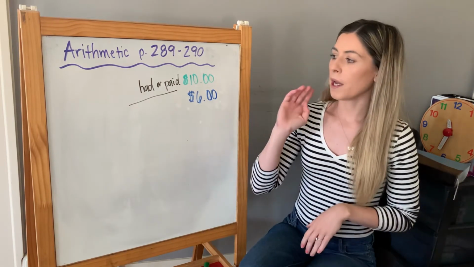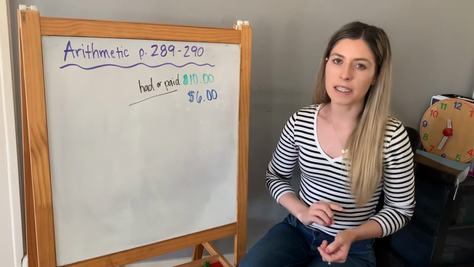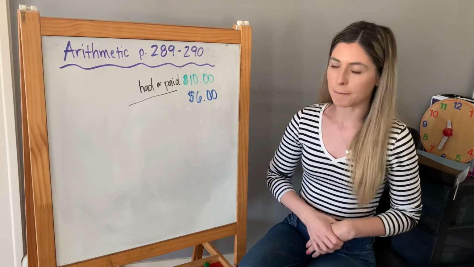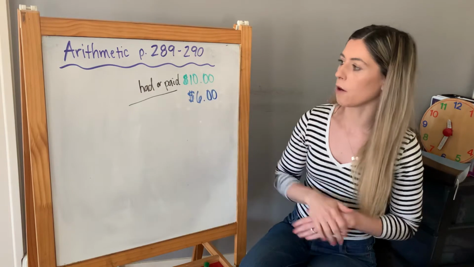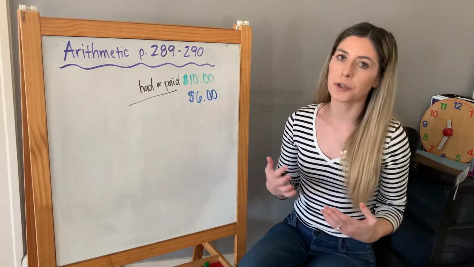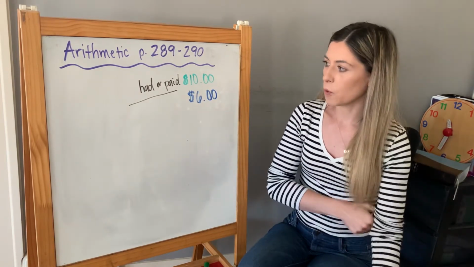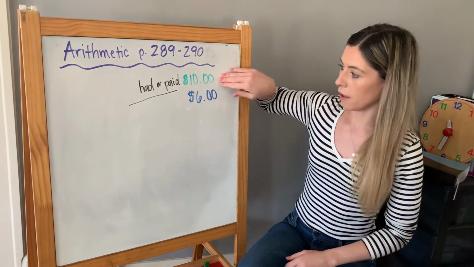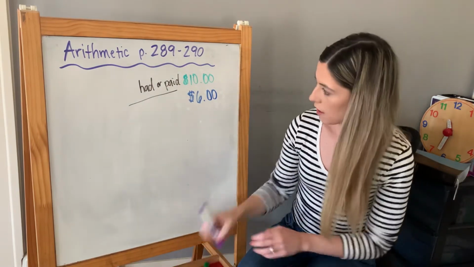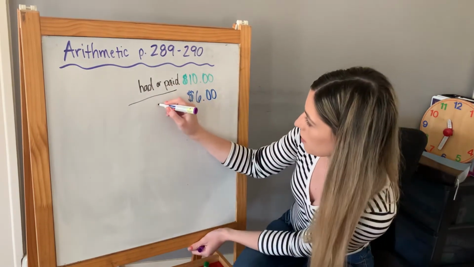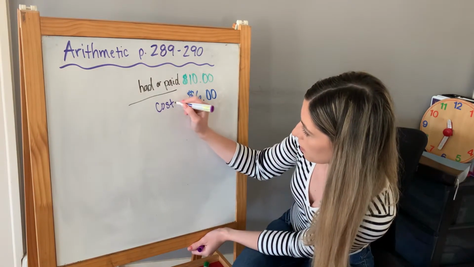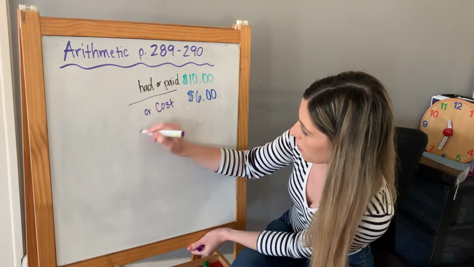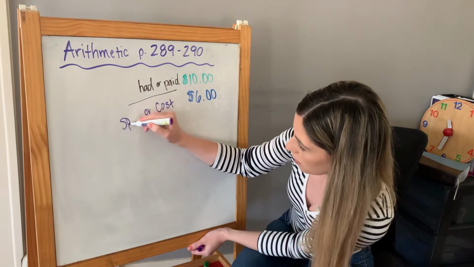So we are gonna do subtraction to find out how much change we would get back. That's why we have to start with how much you had or how much you paid, because that's going to be the same or bigger than the amount that something costs. This is how much something costs, or how much you spent.